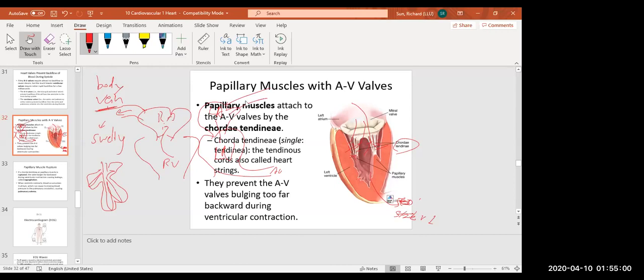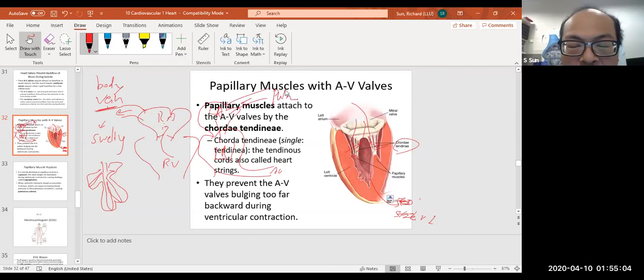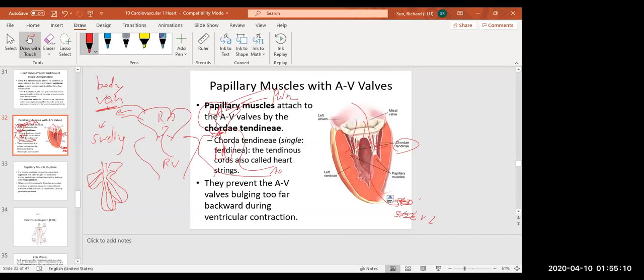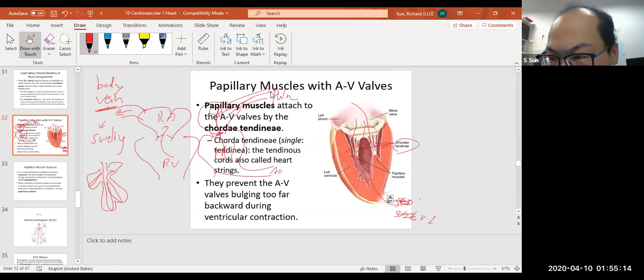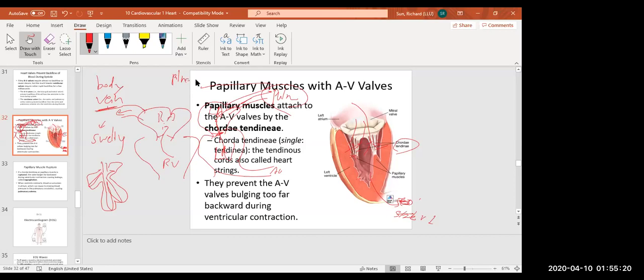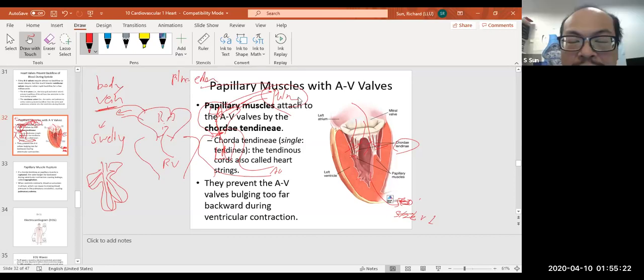The pulmonary vein goes to the left atrium. If there is a regurgitation here, blood going to the left atrium, then going to the pulmonary circulation, this one will cause pulmonary edema. Edema, that's right, because fluid is going to fill inside of the lung.